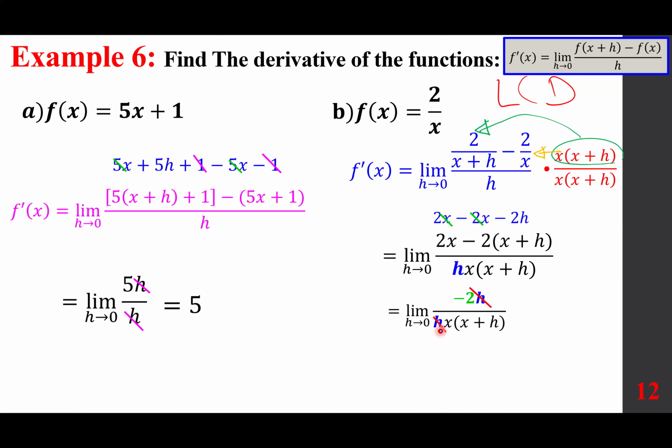So we get the limit as h approaches 0 of negative 2 over x times x plus h. It's important to keep the limit here. If you want to simplify just the fraction and then put it into the limit, that's fine, but you have to have the limit here. Now you can replace the h with 0. So you get minus 2 over x times x, which means f prime of x is minus 2 over x squared.